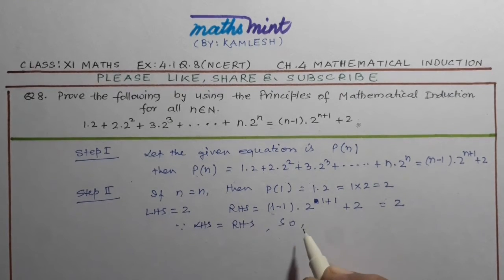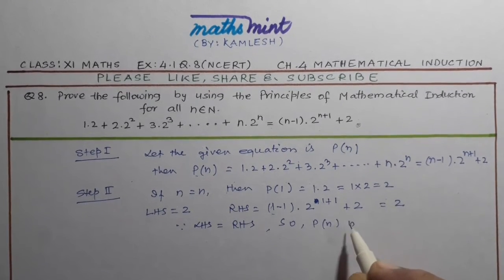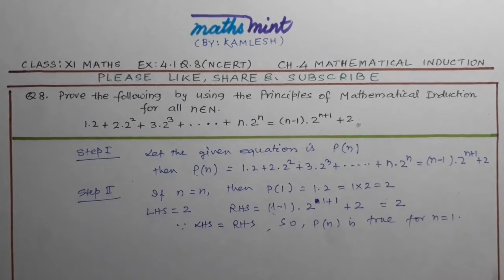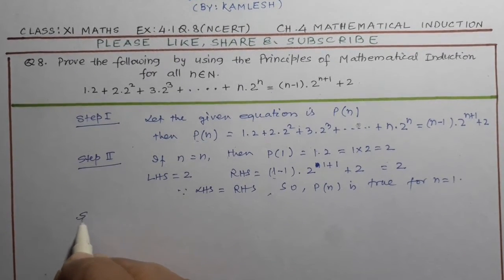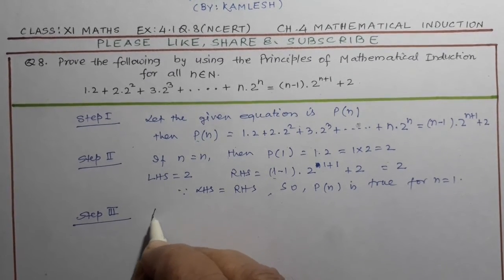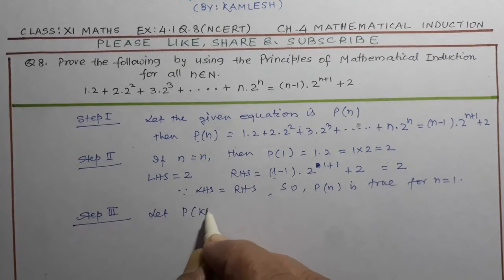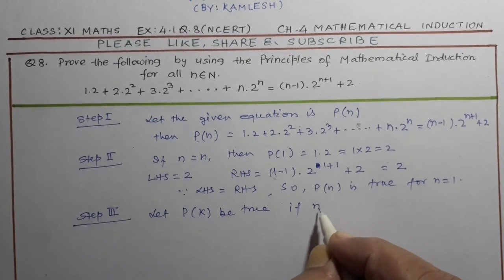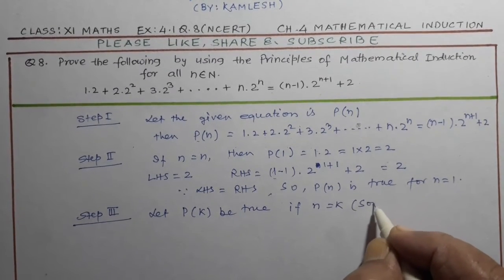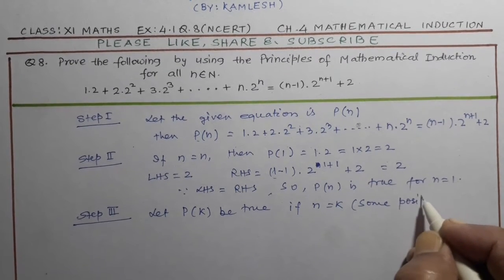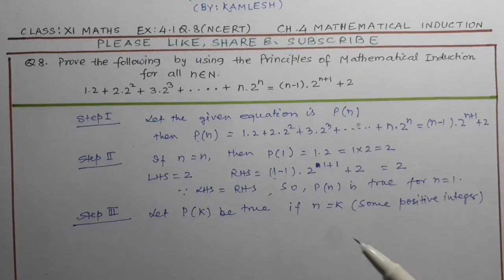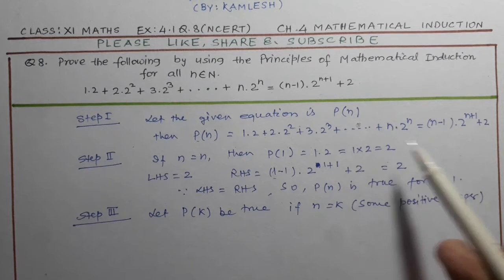so P(n) is true for n equal to 1. This is the second step. In the third step, step 3, let P(k) be true if n is equal to k, some positive integer. The value of k may be the second term, fourth term, ninth term, 11th term, any term it can be.